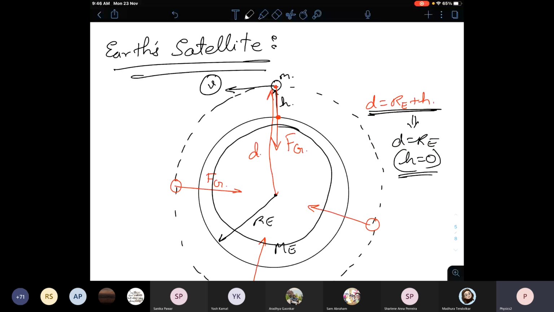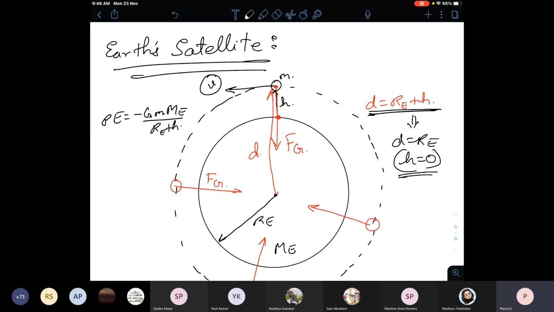And if you see the potential energy, let me write it here for reference. The potential energy between the satellite and the Earth can be written as minus G M Me by (Re plus h). I will write this in the energy section also. This is a direct formula, Re plus h, that's it.